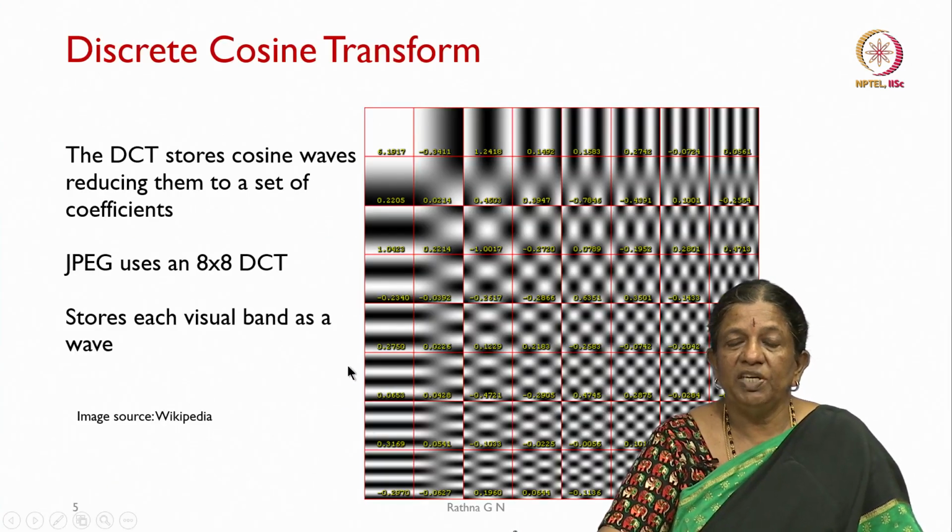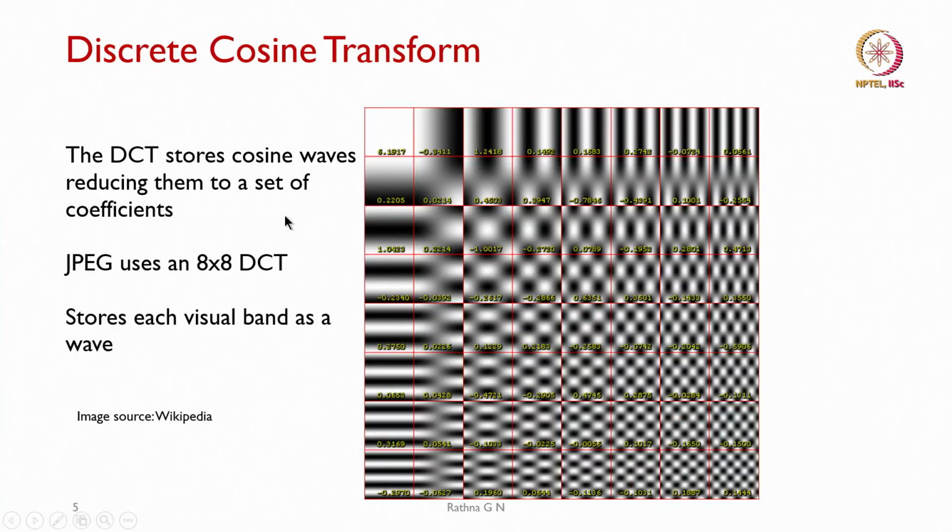So, this is how we introduced our DCT, the discrete cosine transform. We know that it stores the cosine waves, reducing them to a set of coefficients, with the values given here, and we know that JPEG uses an 8 by 8 DCT. This is what we call the 8 by 8 reference image, the basis functions.